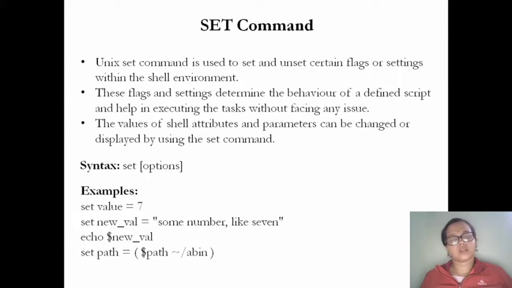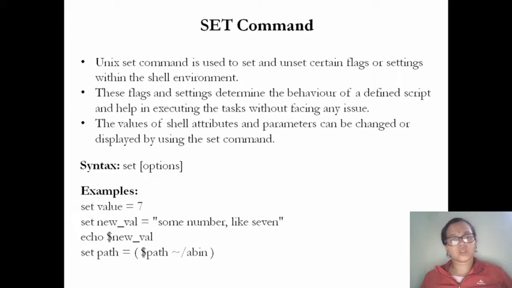The Unix set command is used in order to set and unset certain flags or settings within your shell environment, and these flags and settings can determine the behavior of the defined script and also help in executing the task without facing any issues. Here you can set some values or you can even set some path.